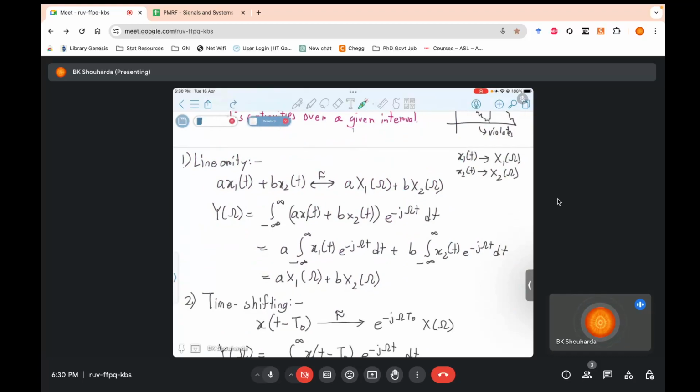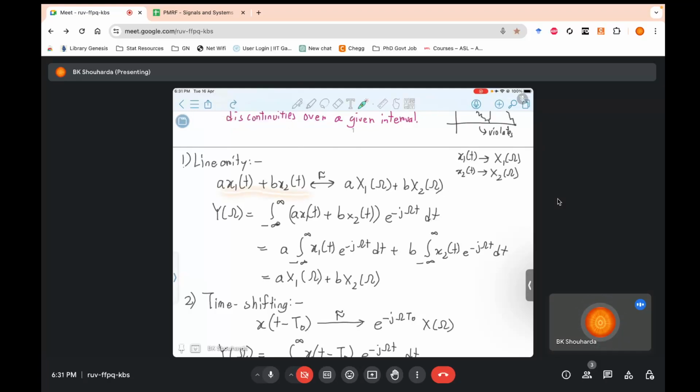Then there are standard properties, and these hold not just for the Fourier transform, but for the continuous time Fourier transform, discrete time Fourier transform, continuous time Fourier series, discrete time Fourier series, Laplace transform, as well as Z transform. All these 6 transforms which are a part of the course satisfy almost every property mentioned, because of the underlying structure of the signals that remains the same throughout.